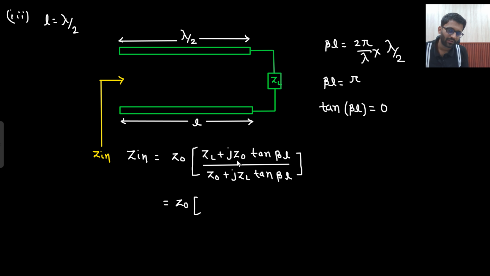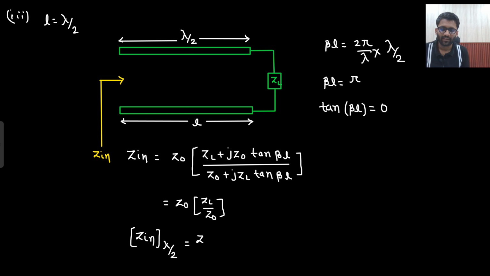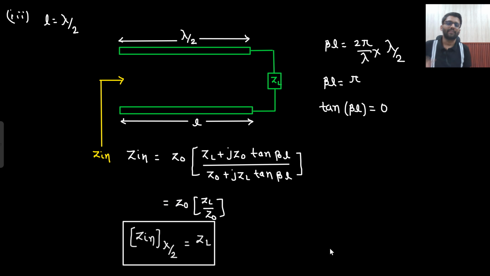Z naught into, this goes to 0, this goes to 0, ZL by Z naught. Then Z naught gets cancelled. So what is the Zin you are getting for a lambda by 2 line? That is equal to Z naught. Sorry, not Z naught, that is equal to ZL, because Z naught is getting cancelled.